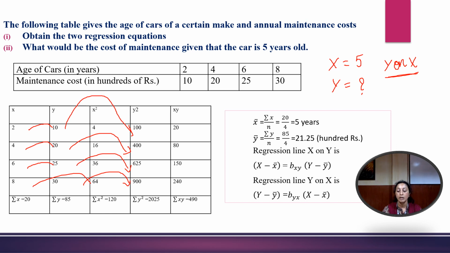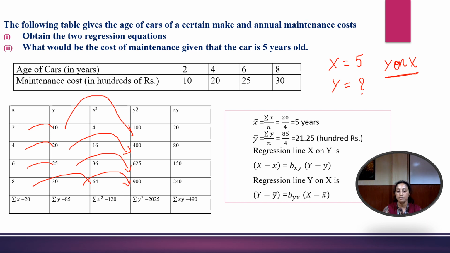Now find X bar. X bar is the mean for the variable X. So the average X bar is given by total of X divided by N. The total of X is 20 and N is the number of data considered. We have considered 4 data, so N is equal to 4. So the average, X bar, is 5 years. Similarly, let us find Y bar.